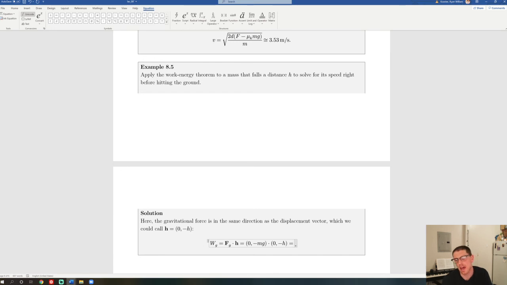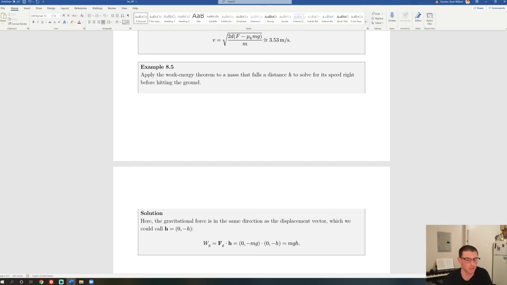And we see that because of the double negative, we end up finding that the work done by the gravitational force in this case is just positive mgh, where this is a positive number. And that is a characteristic of instances where we only have one force acting on an object and the force vector is collinear with the displacement vector. We should always find positive work done in cases like that.